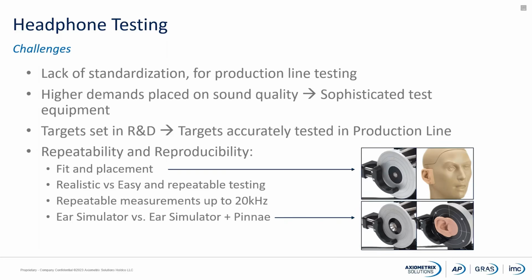And we would like to have the same result also up in frequency, as we see the demand from the consumers that they would like the headset to work to higher and higher frequencies. And it means that we also need reliable measurements, that we are able to repeat our measurements also up to these high frequencies.